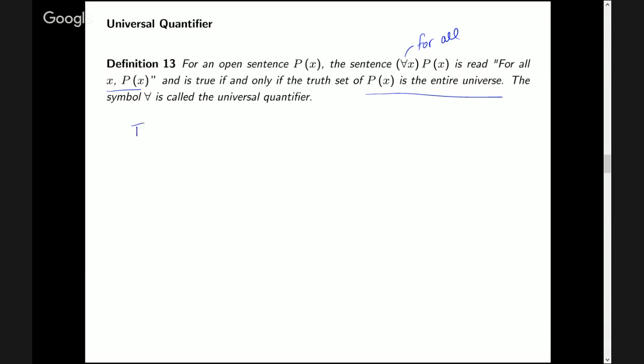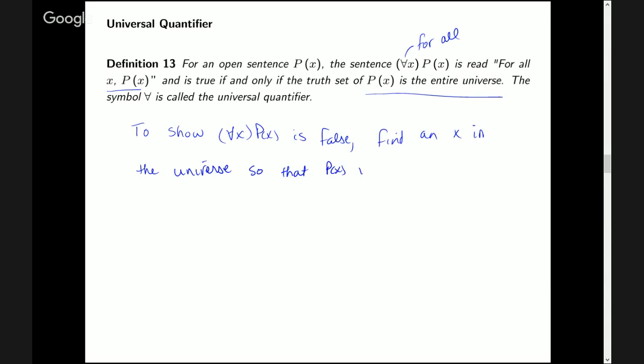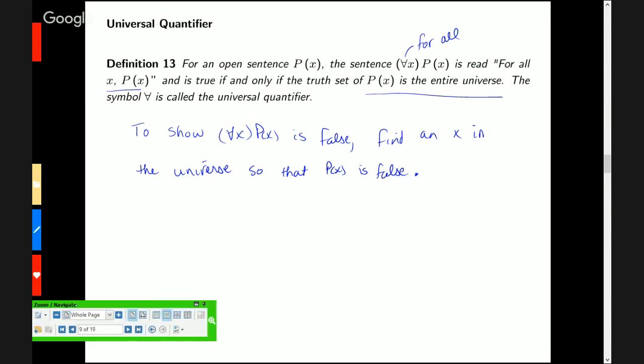So to show for all x, p of x is false, you find an x in the universe so that p of x is false. Let's go look at examples.